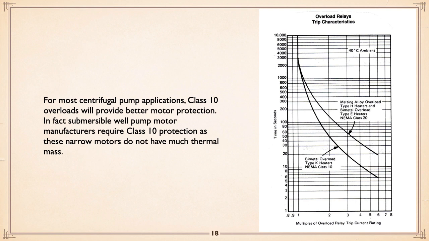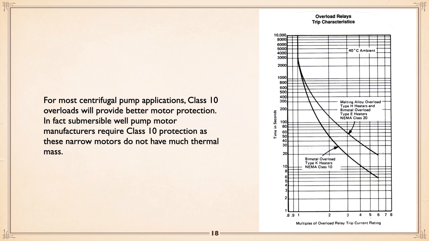In fact, with submersible motors, they require you have class 10 protection. Again, that means at 6 times the operating current, it has to trip within 10 seconds. Less is okay, but within 10 seconds. And you look at the curves here, a conventional melting alloy relay at 6 times, you can see it's tripping at just under 20.